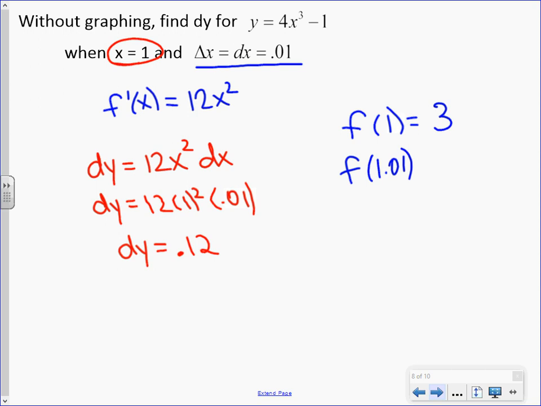We move 0.01 away. And when we do that, our dy was 0.12. So if we plug 1.01 into our function, it is approximately 0.12 more than the original function value, f of 1. Delta x 0.01, dy 0.12.